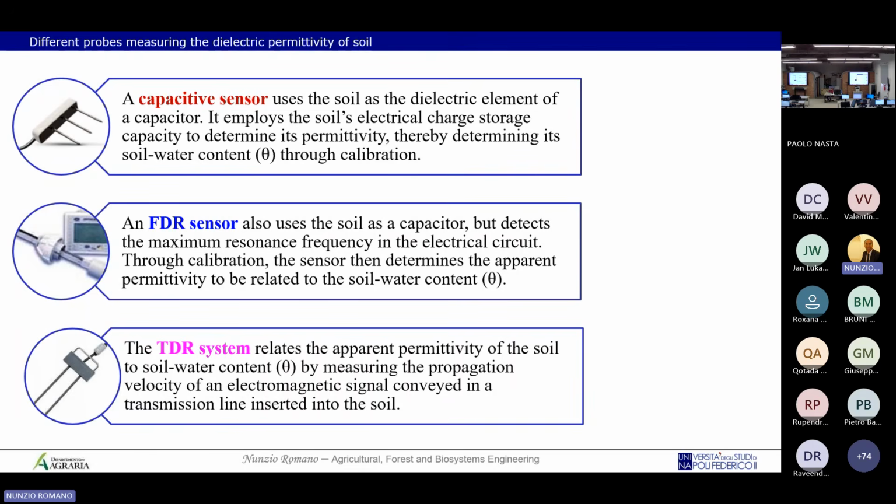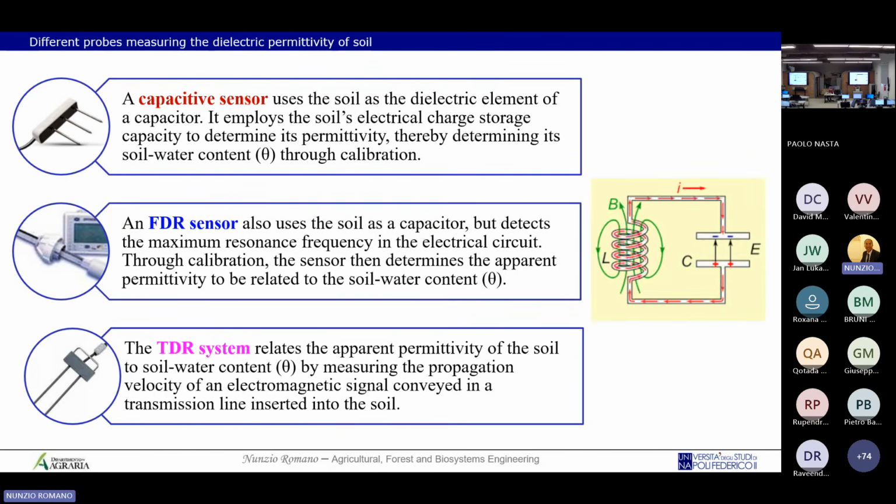act like a capacitor. For those of you who are familiar with the electrical topic, the capacitor is a component of the radio, together with the resistor. Resistor and capacitor are components of the radio.